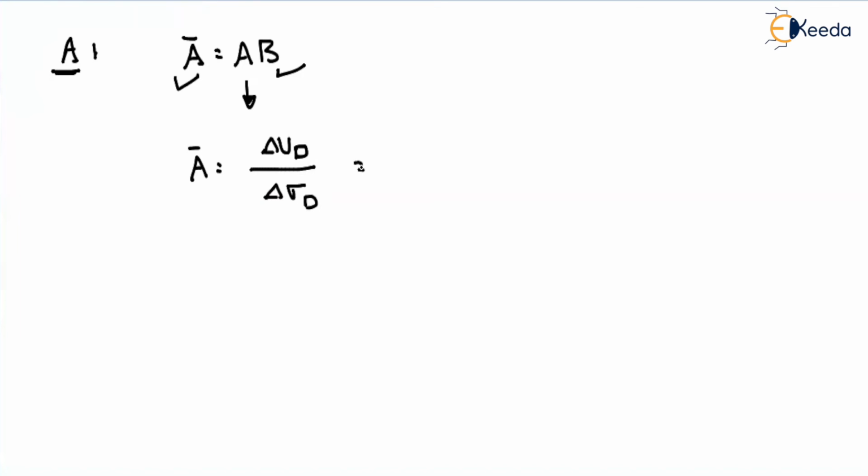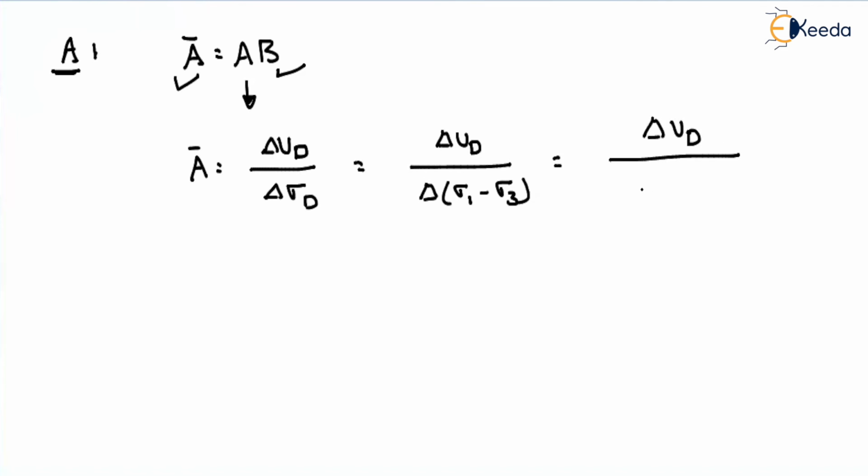Suppose you know the major and minor principal stress, then how can we express it? The change in pore pressure in the deviator stage divided by the change in major principal stress minus the change in minor principal stress.